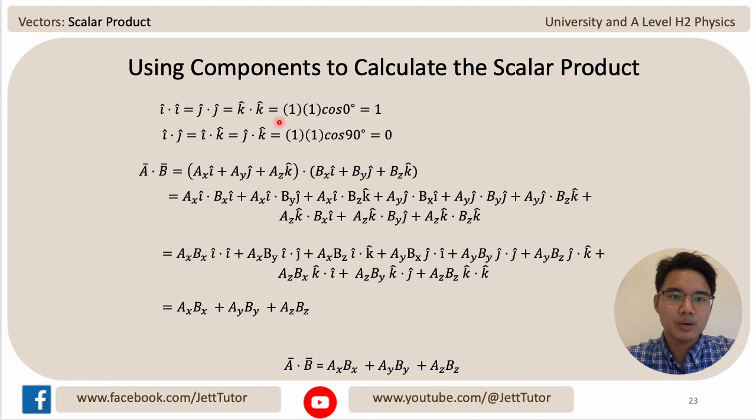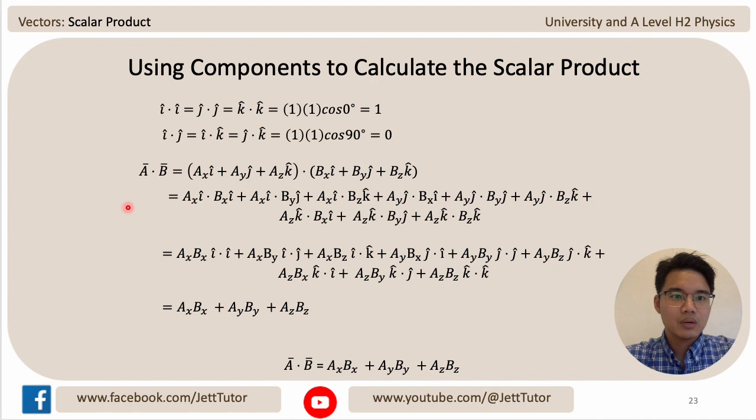Cosine 0 is 1, so they are all 1. And for i hat dot j hat, the angle between i and j is 90 degrees, so cosine 90 degrees is 0. So then i dot j, i dot k, j dot k equal 0.